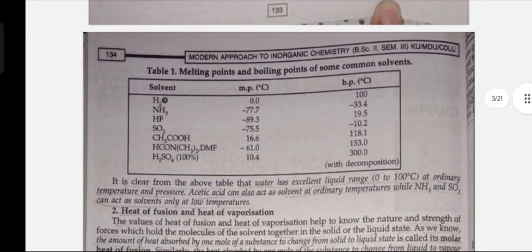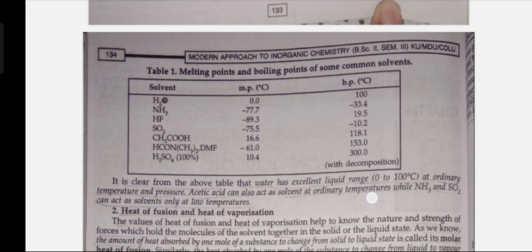From here you can see that hydrogen fluoride has the highest melting and boiling point, whereas on moving down the table we see that water has a 0 degree melting point and 100 degree boiling point. As we move down the table we see that sulfuric acid has a melting point of 10.4 degrees Celsius and a boiling point of 300 degrees Celsius.